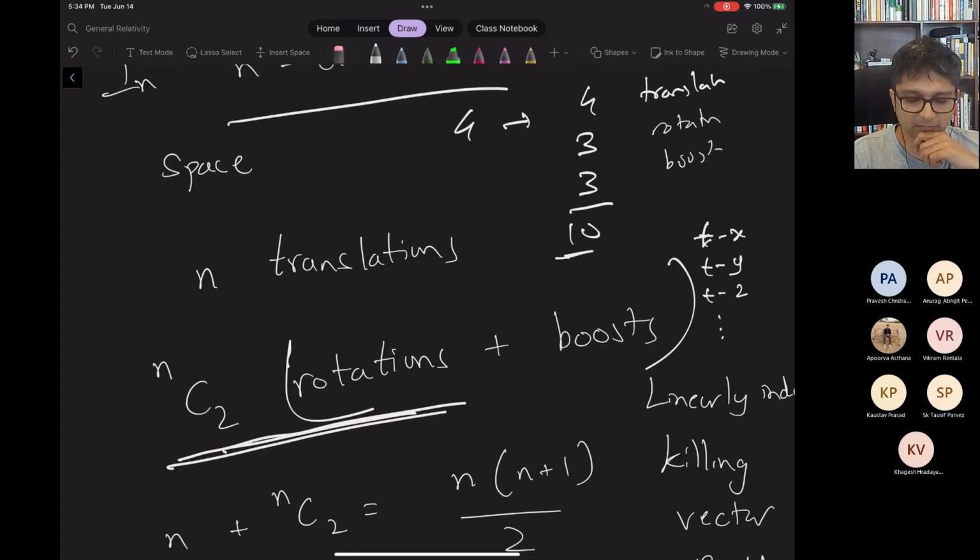So the number of boosts is: I choose the time coordinate and I choose any one of my other spatial coordinates. Whereas for rotations in n dimensions, you don't think of rotations about an axis, but rather rotations in a plane. So I have a rotation in the xy plane, the yz plane.